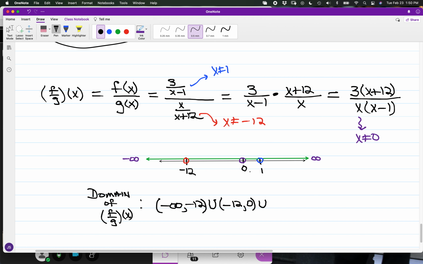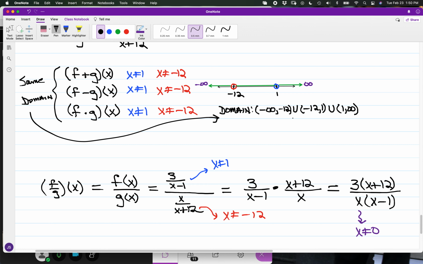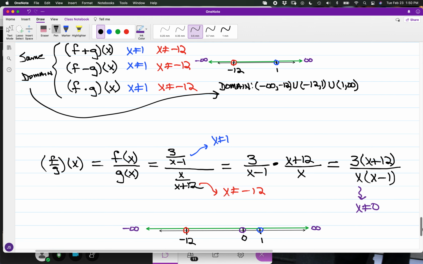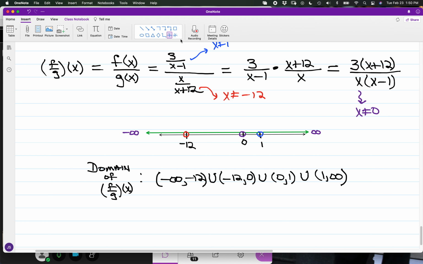Then we have those values between 0 and 1, but not including 0 or 1. And rounding out the rest, you have those values of x greater than 1. So while the sum, difference, and product functions have a domain of these 3 sections, with the added restriction of leaving 0 out, the interval notation for the domain of the quotient function turns out to have this particular added subset in the mix.